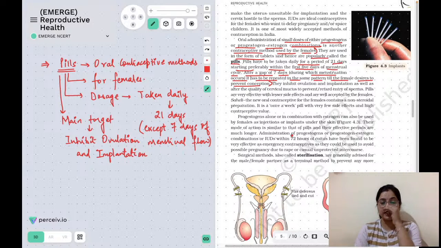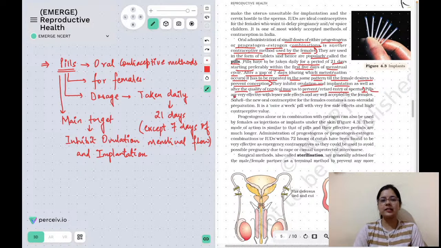So they inhibit ovulation and implantation, as well as alter the quality of the cervical mucus to prevent or retard the entry of sperms. You have to keep this in mind, okay?